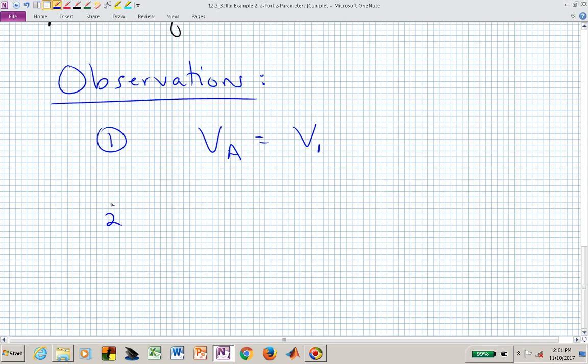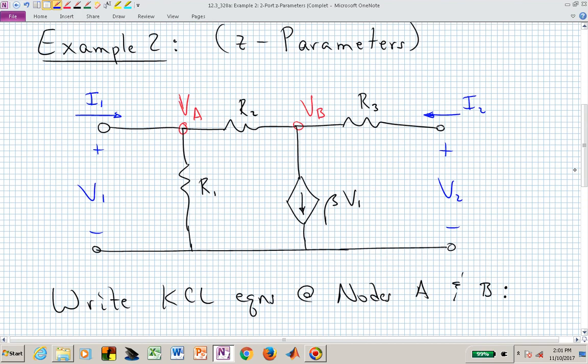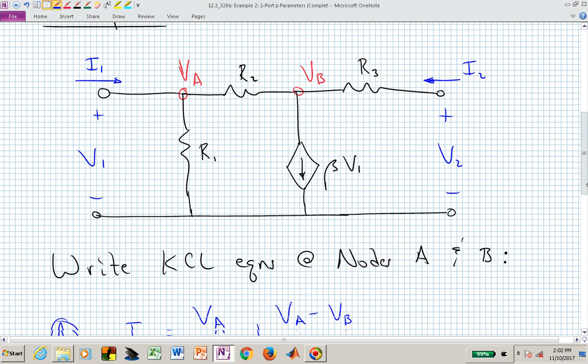Check. Now can we find a relationship between V sub 2 and V sub B? We could do a KVL around and avoid that dependent source, or let's just write I sub 2, the current going from right to left through R sub 3, in terms of R sub 3, V sub 2, V sub B, and I sub 2, and then solve for V sub B. We know I sub 2 is V sub 2 minus V sub B over R sub 3.